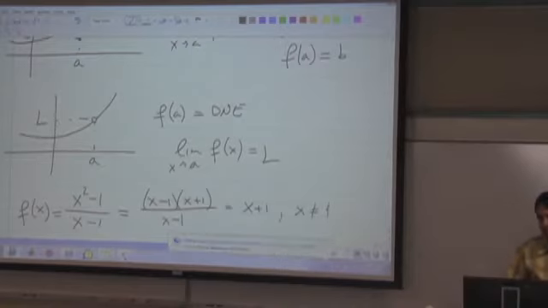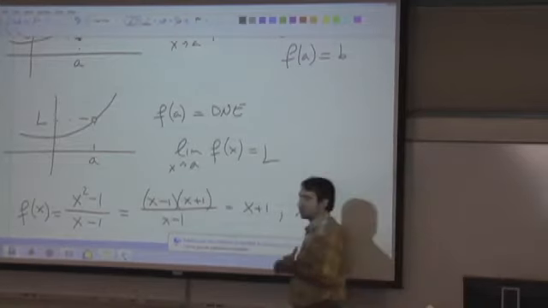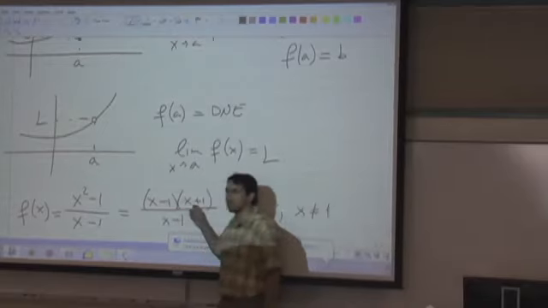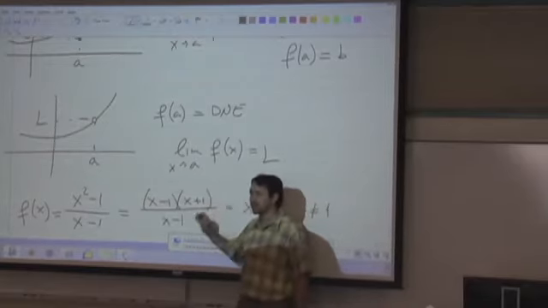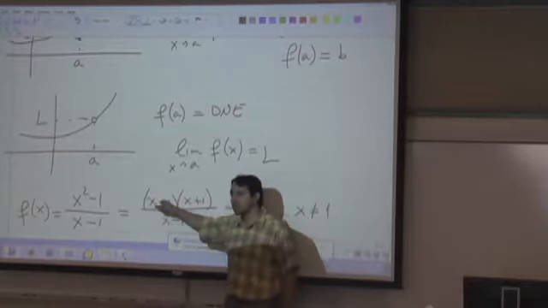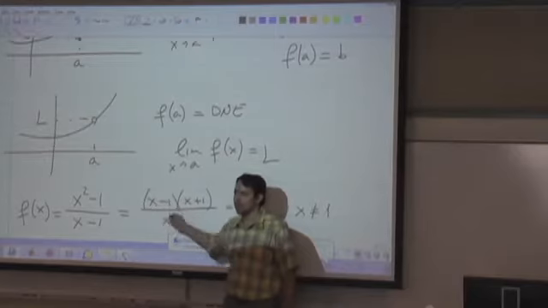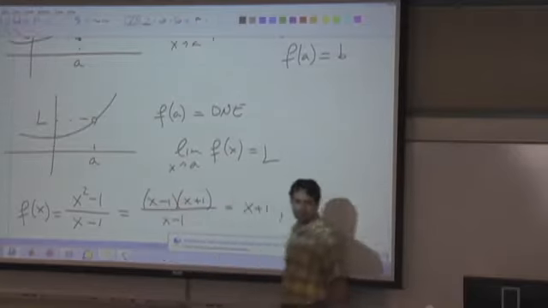Everybody understands this? I want to make this distinction because you might be tempted to just cross them out and say my function is x plus 1, but that is not what actually happens here. For you to be able to cross these two out, x cannot equal 1. Otherwise, you can't divide and multiply by 0. It makes no sense. Okay?